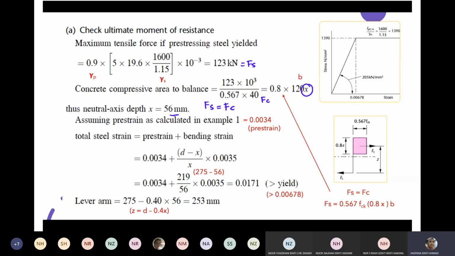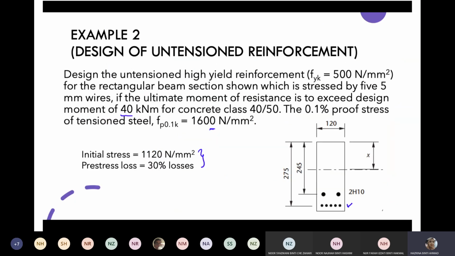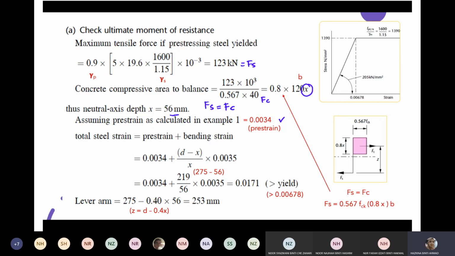Then assuming the pre-strain is as calculated in example 1, we are going to use this value of pre-strain of 0.0034. It is the same value that we calculated based on the initial stress and also the pre-stress losses.